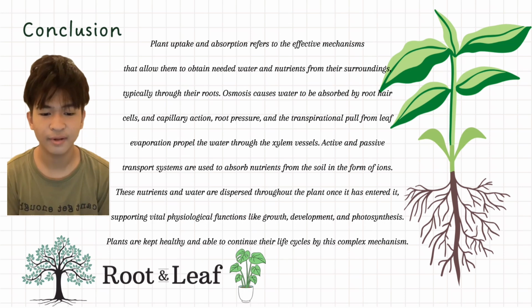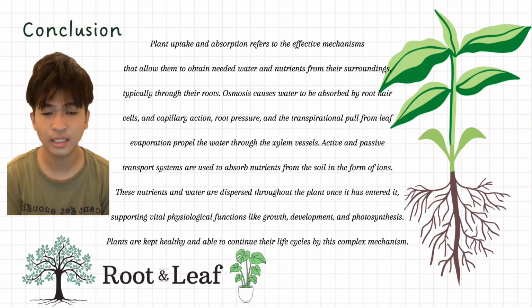Active and passive transport systems are used to absorb nutrients from the soil in the form of ions. These nutrients and water are dispersed throughout the plant once it has entered it, supporting vital physiological functions like growth, development, and photosynthesis. Plants are kept healthy and able to continue their life cycles by this complex mechanism.